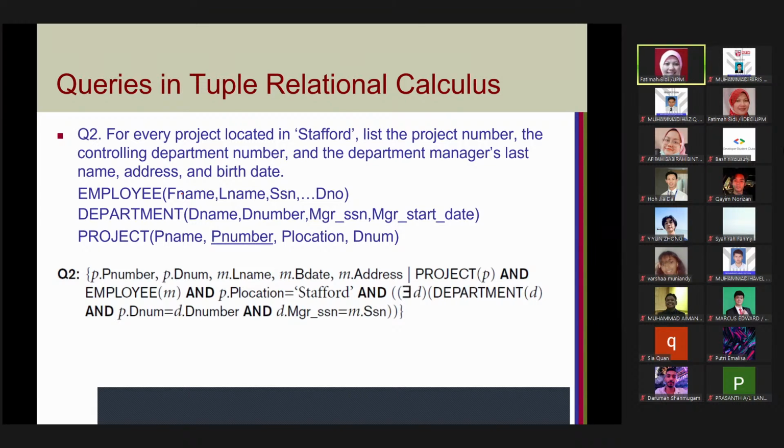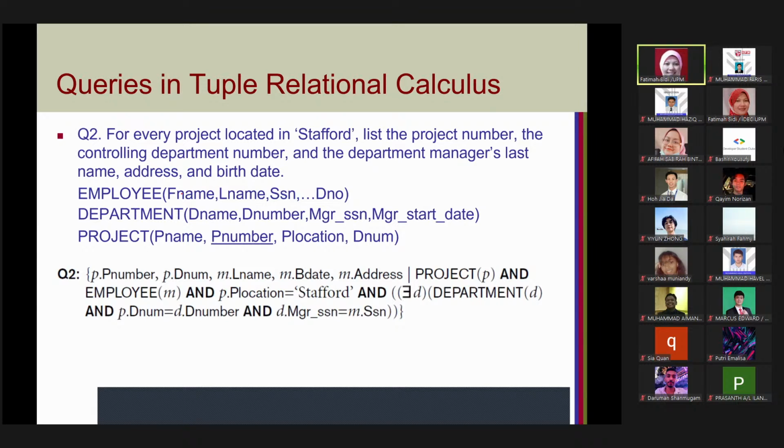In this query we want to retrieve information from three relations: employee, department, and project.